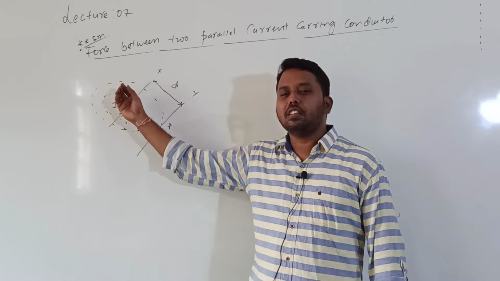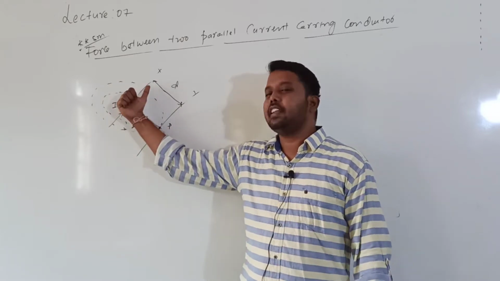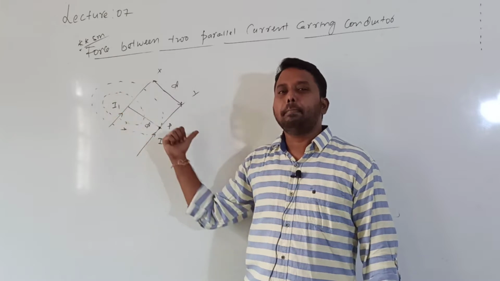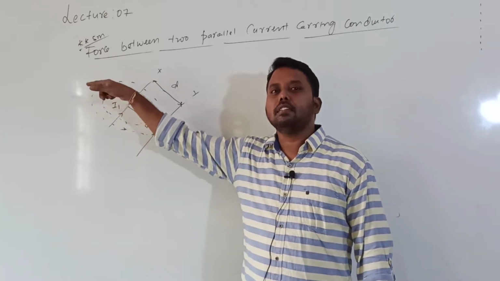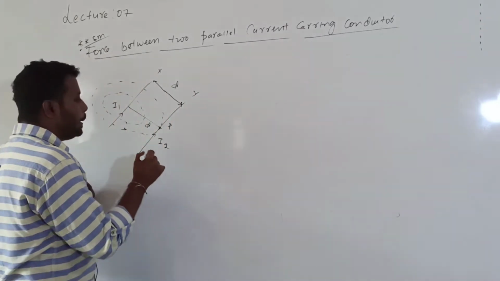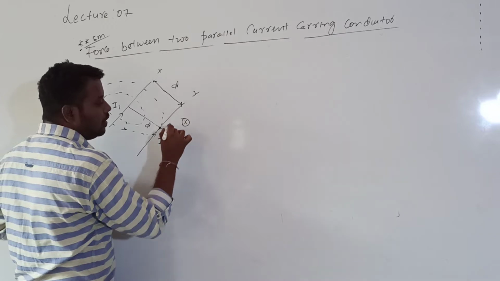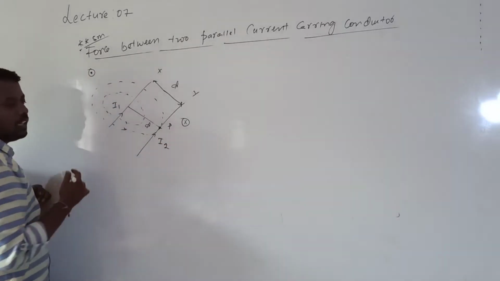So you can see, on this side the field is perpendicular to the plane, passing inward. On this side it is perpendicular to the plane, passing outward.